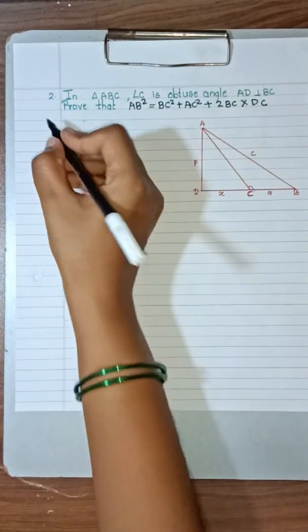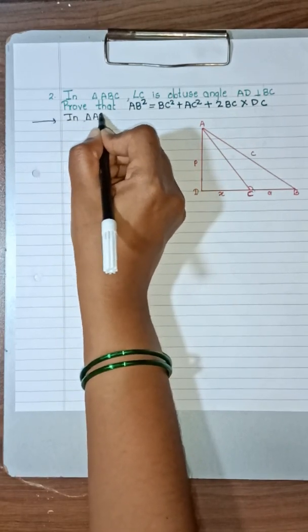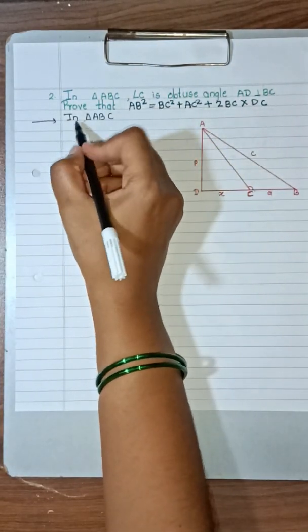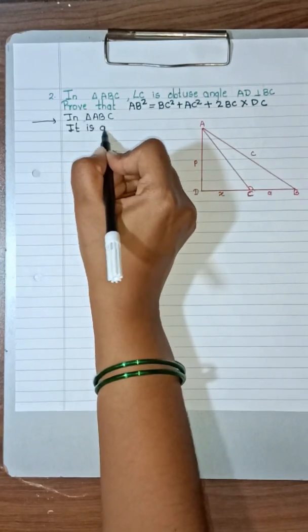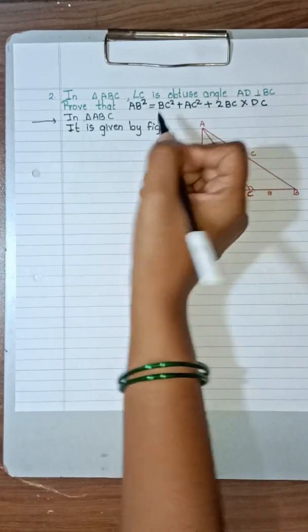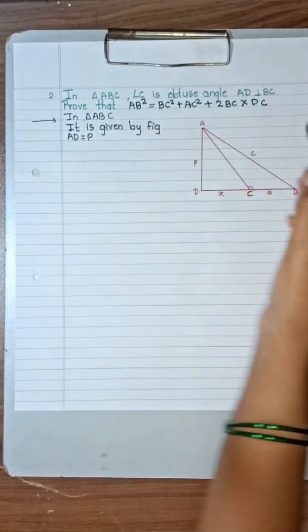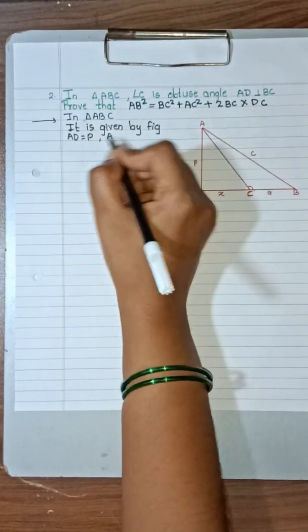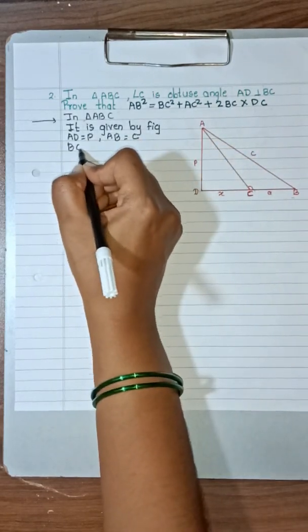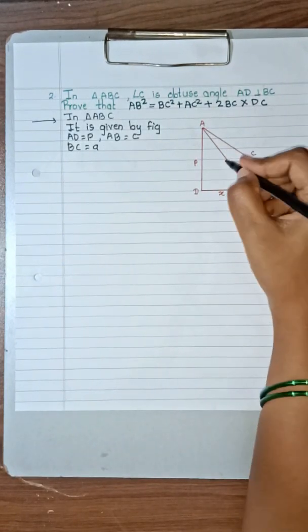Now in triangle ABC, you can see it is given by the figure that AD is equal to P, AB is equal to C, BC is equal to A, and AC is equal to B, I forgot to write it down.